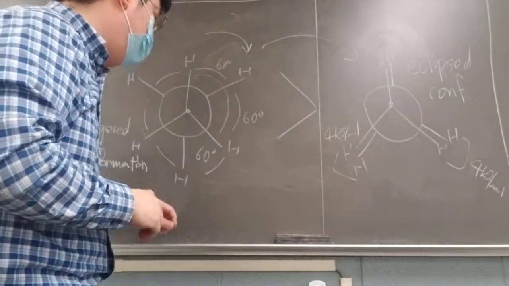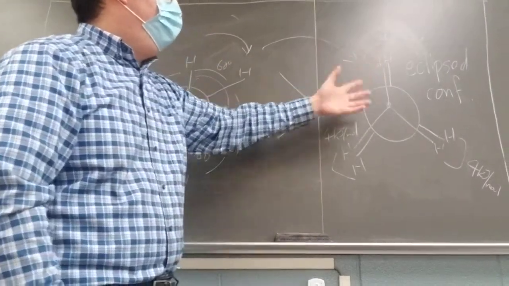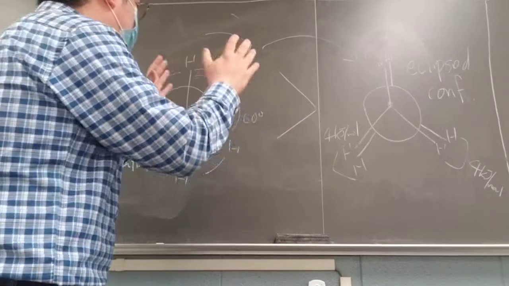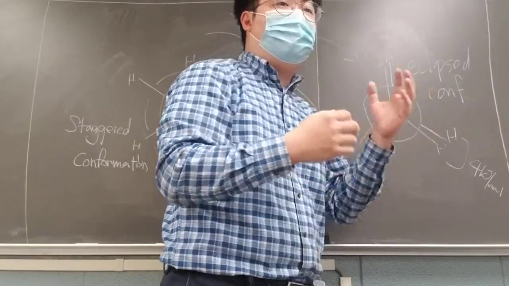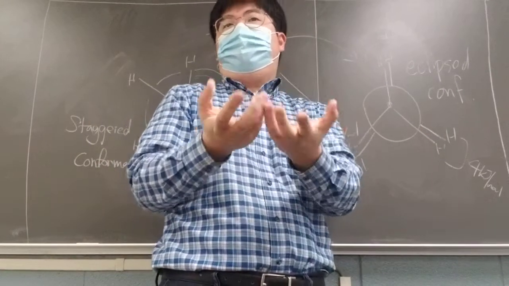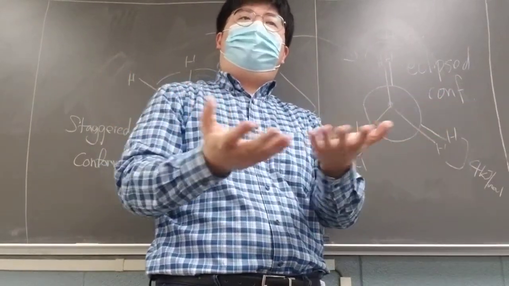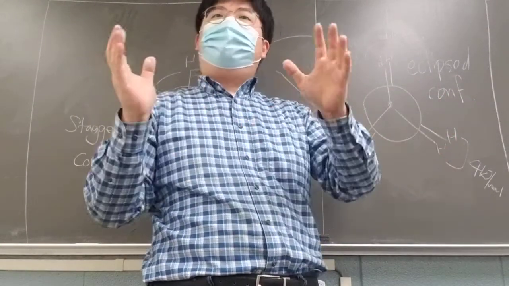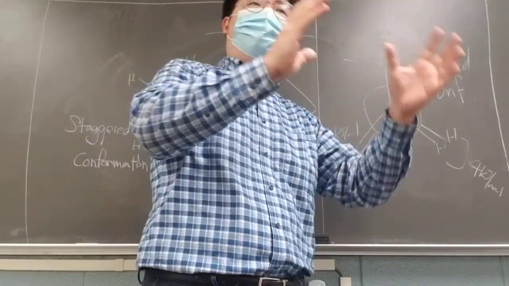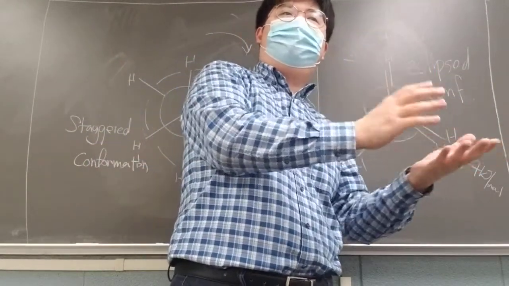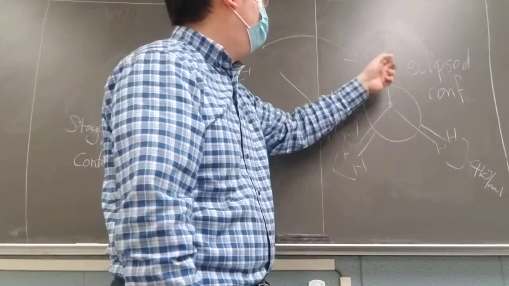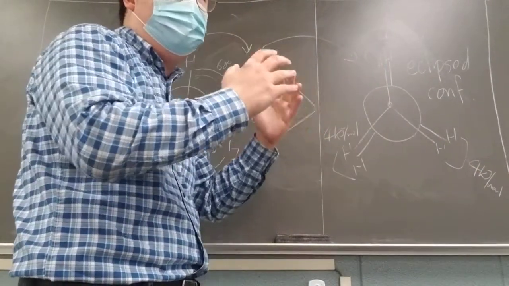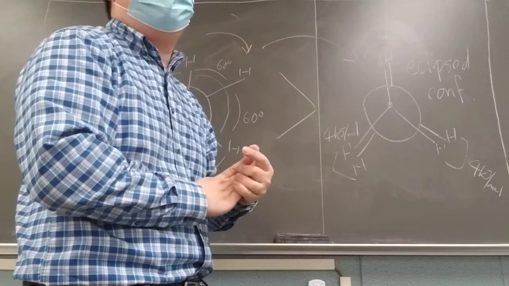I'll tell you right later. So this amount of energy is required to put this staggered conformation into eclipse conformation. Because normally, if you're the compound, you don't want to experience the discomfort, right? But if someone tried to force you into the discomforted position, you have to. And that is the amount of energy that forces it into the eclipsed conformation.